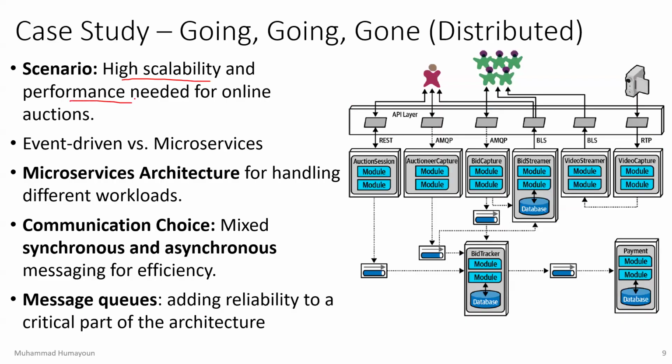Two things, scalability and performance. Whenever you have these two, elasticity, scalability, performance, you end up with two options: event-driven architectural style or microservices architectural style. So here, let's try to put it as microservices architectural style.